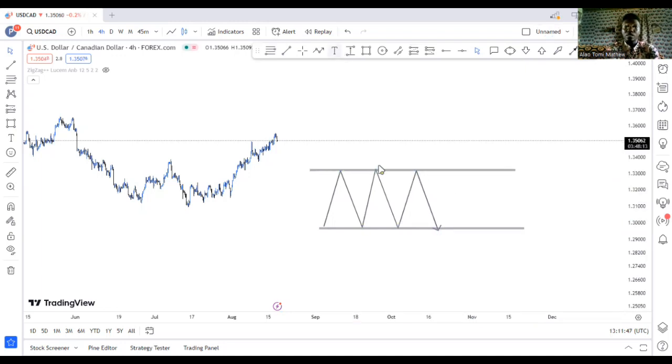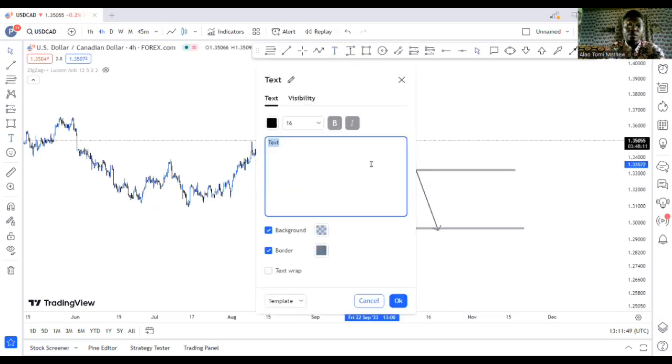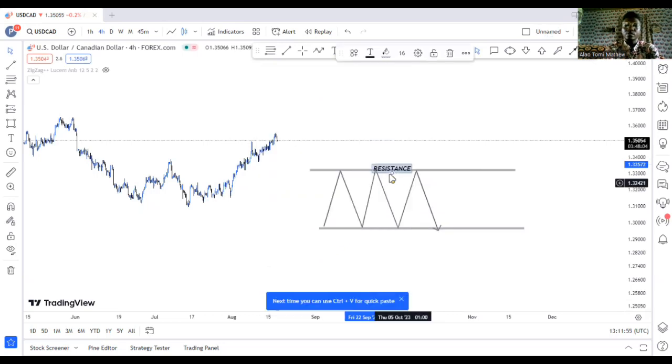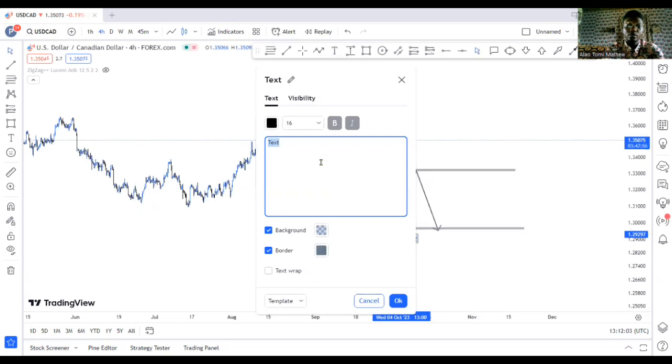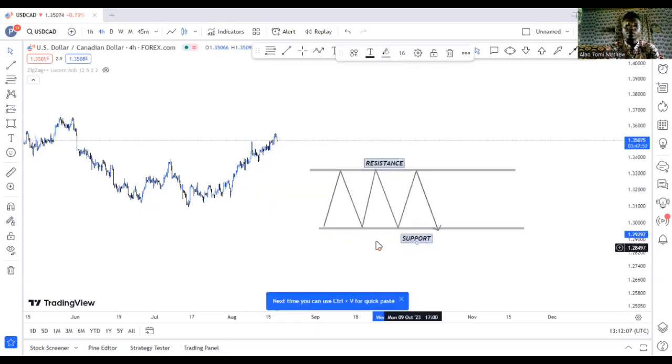So let me denote that for proper understanding. So we have here resistance, and then we have here our support.